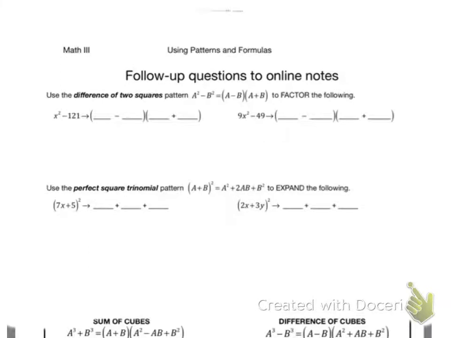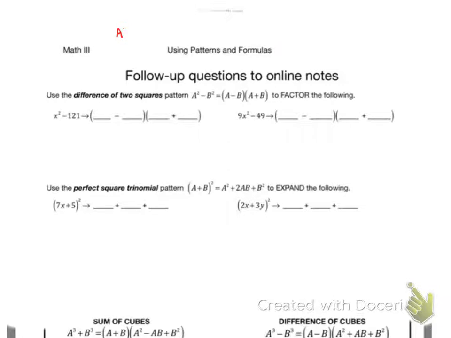Using patterns and formulas. This section is a follow-up to the online notes video that you should have watched previous to this one. That was the one that showed us the difference of two squares and the addition of two squares and what the routine was like for those.